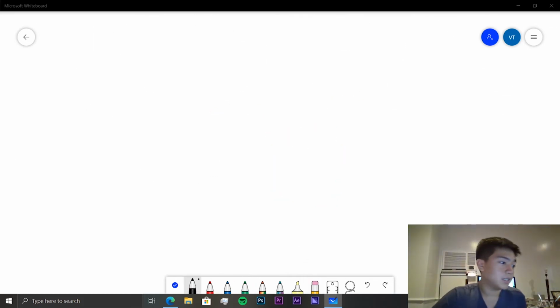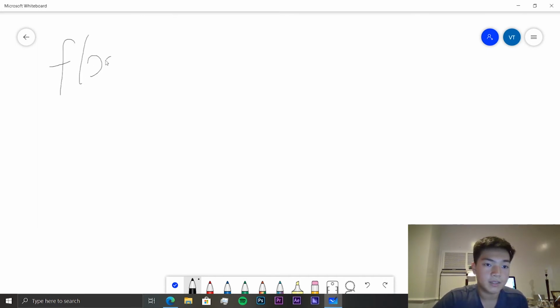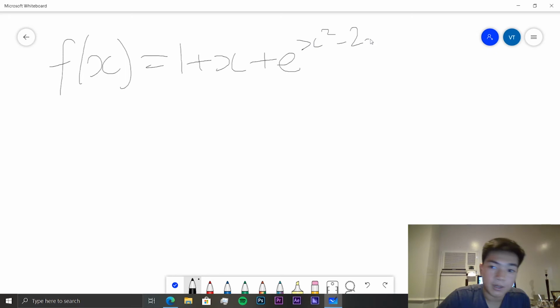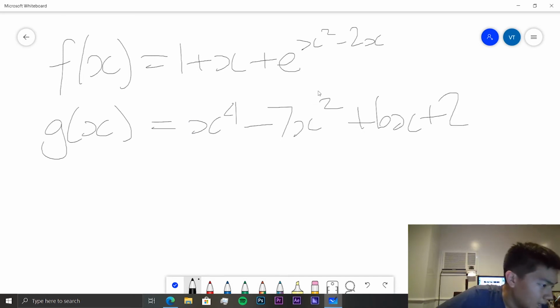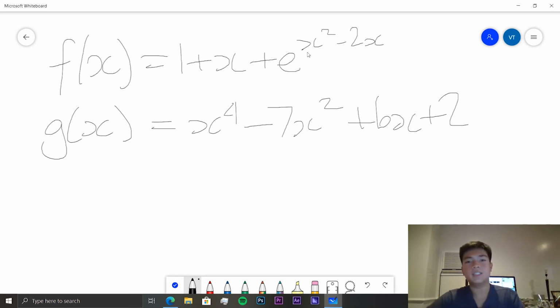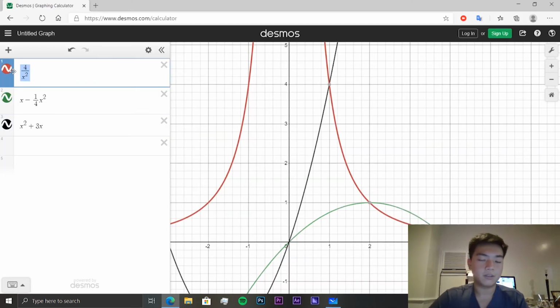The second question is, find the sum of the areas of the regions bounded by the graphs of f of x, which is equal to 1 plus x plus e to the x squared minus 2x, and g of x, which is equal to x to the 4 minus 7x squared plus 6x plus 2. And so, some of the areas of the regions, let's just put these into the graph so we can see what they look like.